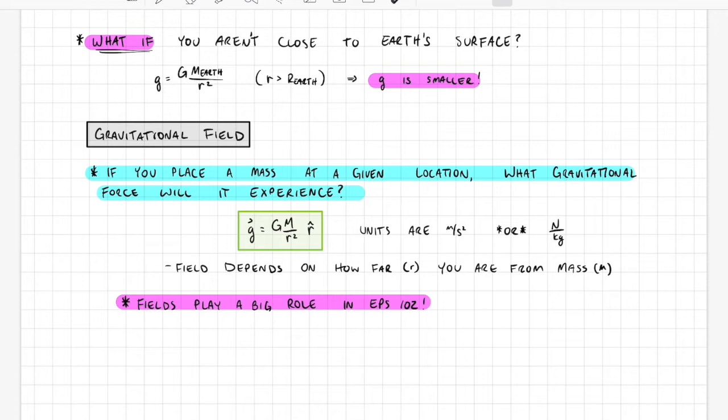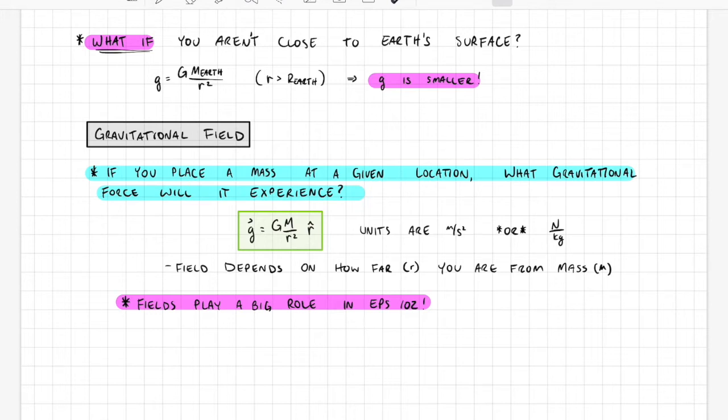And so the gravitational field is a way to essentially predict what's going to happen if you place a mass at this location. And so what you need nearby is another massive object that essentially is producing the gravitational field.